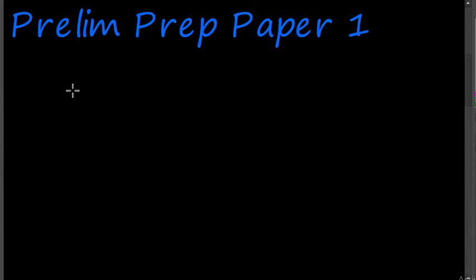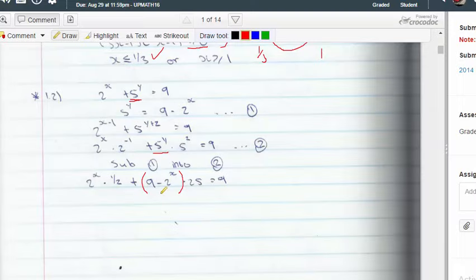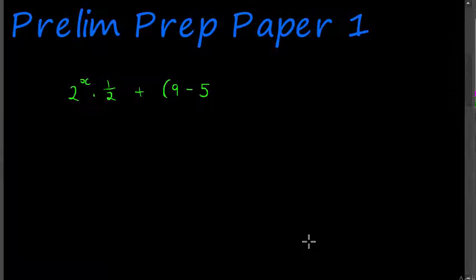We have 2 to the power of x times a half plus, and this is what is substituted, 9 minus 2 to the power of x, and times 25 is equal to 9.